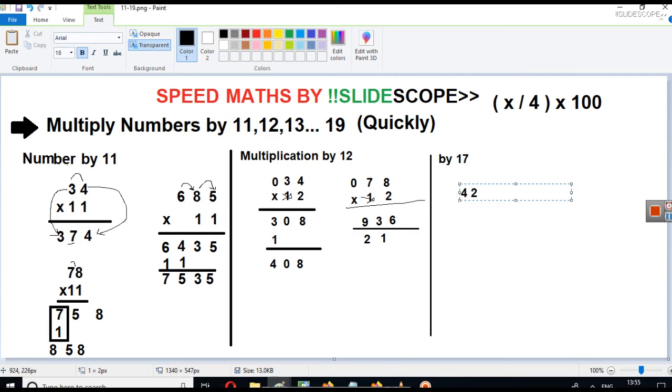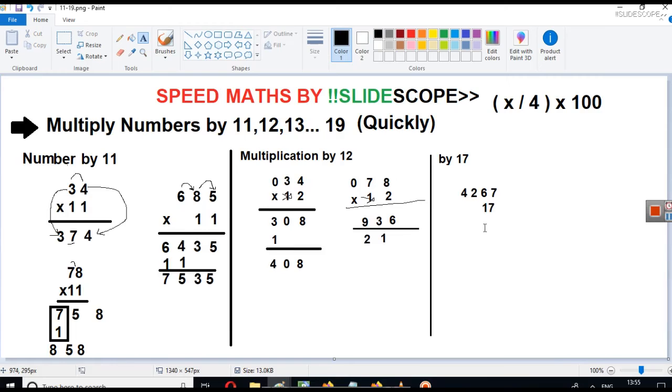Let's say 4267, and we have to multiply 4267 by 17. So you can see this type of multiplication can take some time when you do it the way we have done so far. But because we are learning speed maths, let's try that.